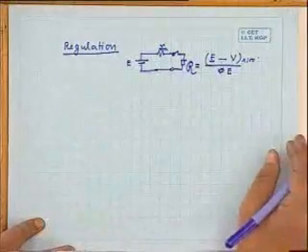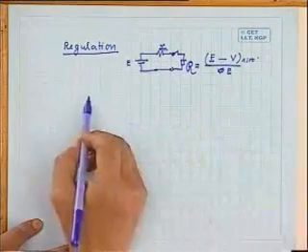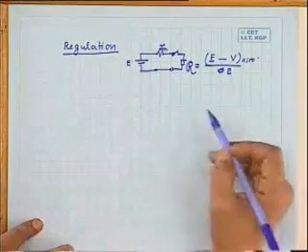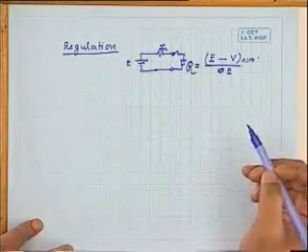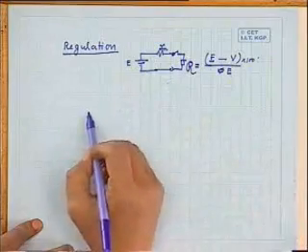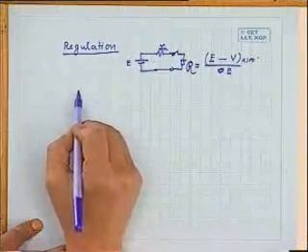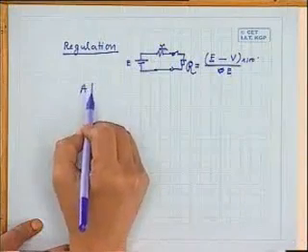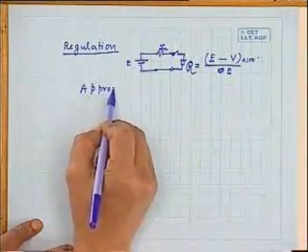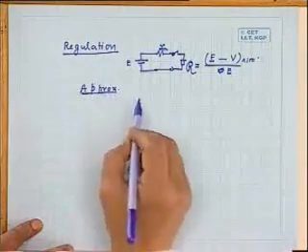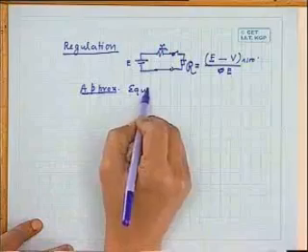So this is the regulation. Now in a transformer, since various loads are supplied from the secondary, the voltage changes from no load to full load condition can be similarly found out, and that is called regulation. So to obtain an expression for regulation, we will refer to the approximate equivalent circuit.